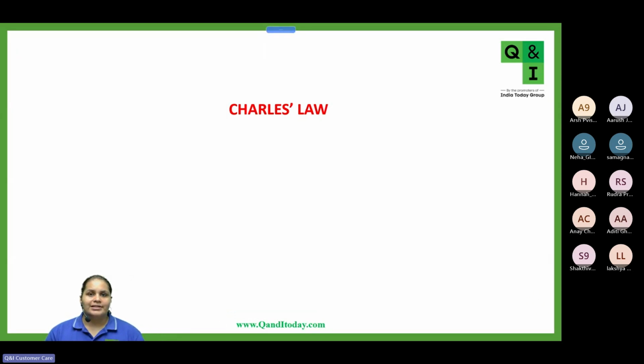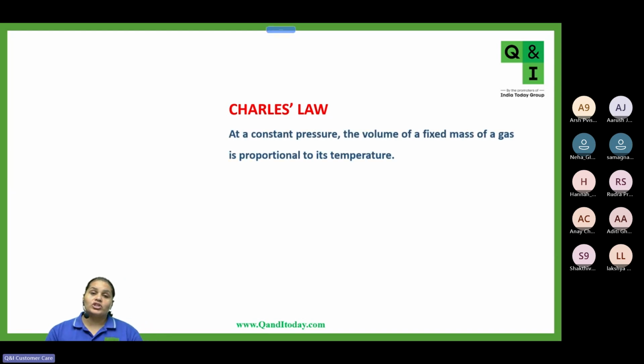Charles' law states that if I keep the pressure constant, for a fixed amount of gas, again in number of moles, the volume of the fixed amount of gas is proportional to its temperature. It means it is directly proportional to its temperature.